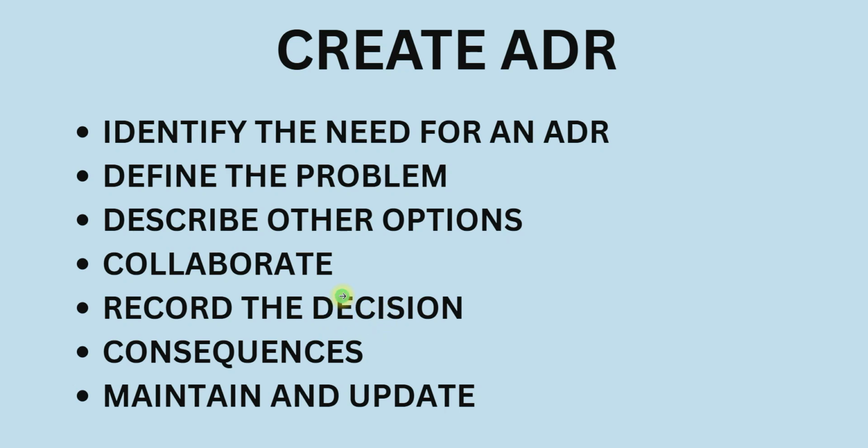Once the decision is recorded and noted, then work on the consequences, whether short term or long term. Whatever decision we have taken today, in the short term, how will it be viable, and in the long term, whether it will be viable or not, or whether we need to take extra effort to maintain and update that ADR. For example, today we have taken a decision and it is very apt for the situation we are in right now, but tomorrow there is a technology change.